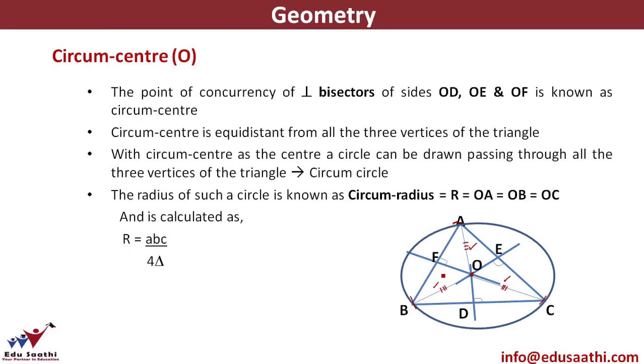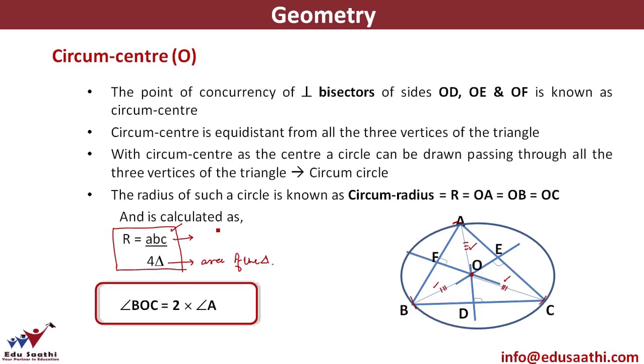Now if you want to calculate the value of this circumradius, that will be given by R equals ABC by 4 delta. Here ABC is the product of side lengths and delta represents the area of the triangle. So I multiply all the side lengths divided by 4 times the area.